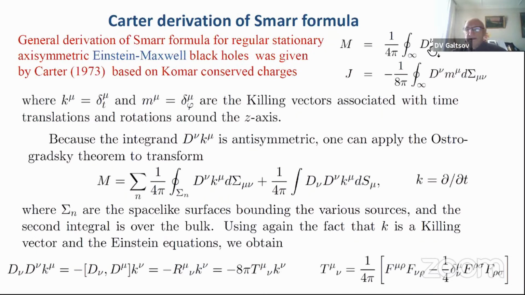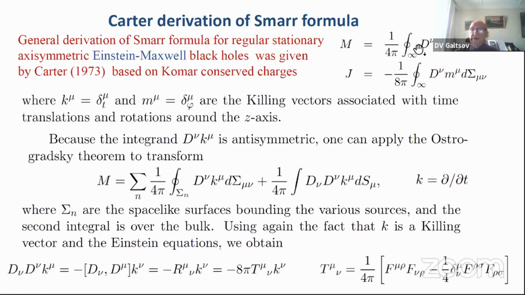The K is a Killing vector expressing stationarity. It is d/dt actually, and m is axial, d/dphi. So these derivatives are antisymmetric, forming two-forms dk, dm, and one can operate with them exactly the same way as with the Maxwell form in electrodynamics.